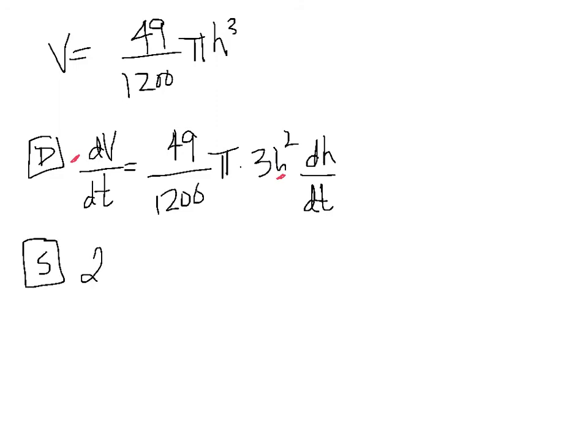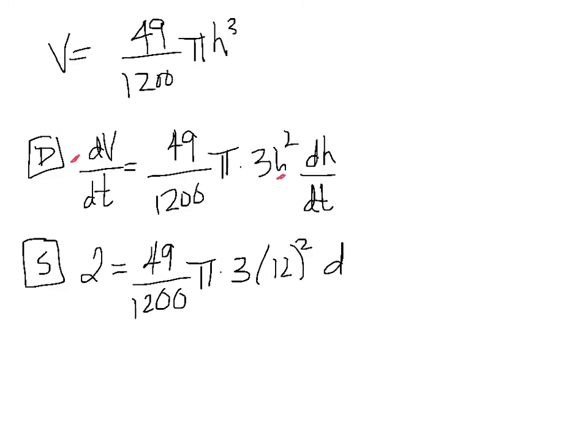So we have 2 equals 49 over 1200 pi multiplied by 3 multiplied by 12 squared dh/dt. And now it's just about solving for dh/dt. You could multiply both sides by 1200 over 49, so we'd have something like 2400 over 49.